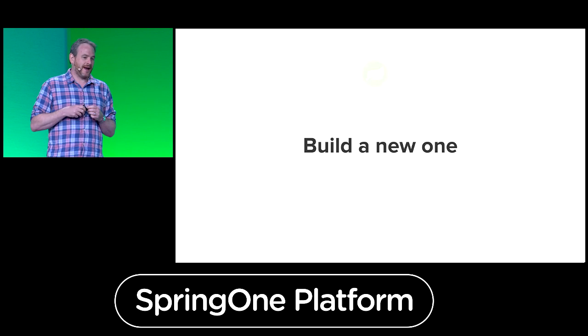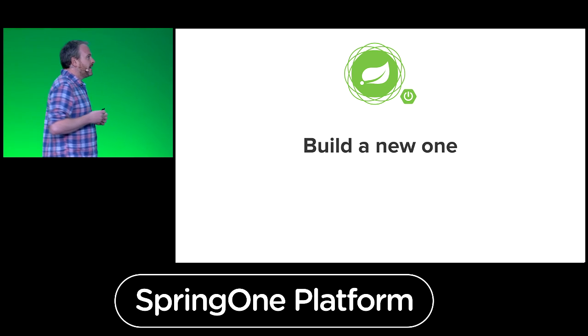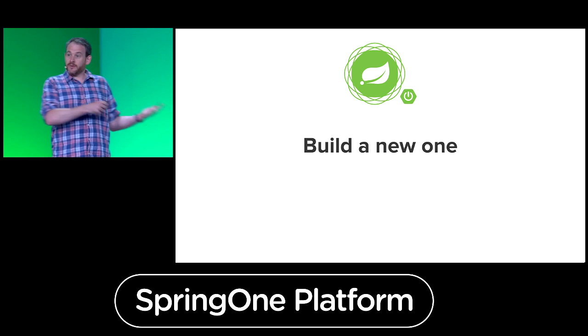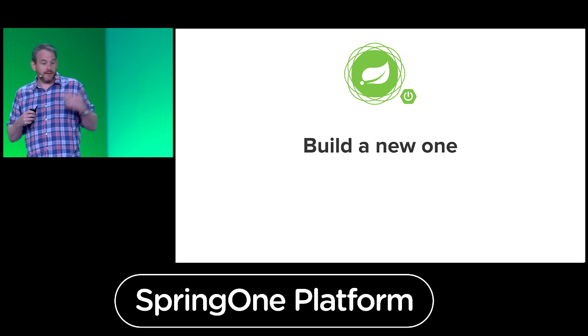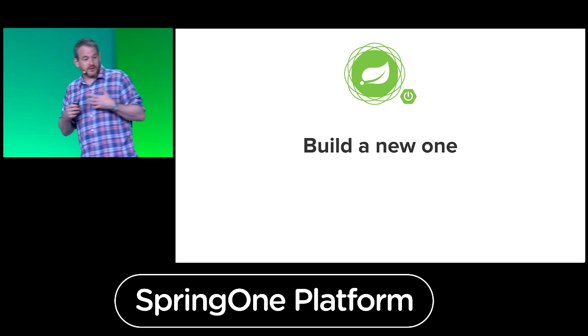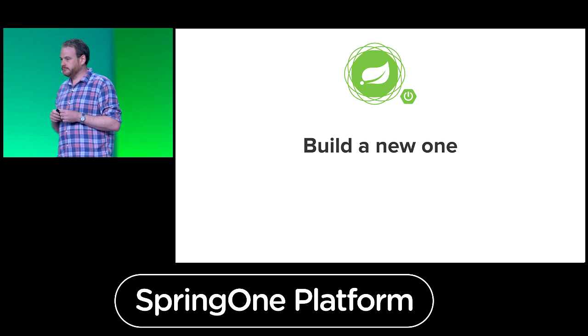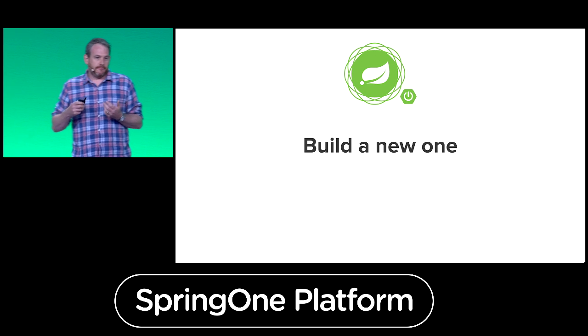So we had to think, what are we going to use to build this thing? And it turns out we have this framework called Spring, so maybe we could use that to build it. And we have this new project we're developing called Spring Boot, so maybe we could start to use that. And who are we going to get to help us build it?